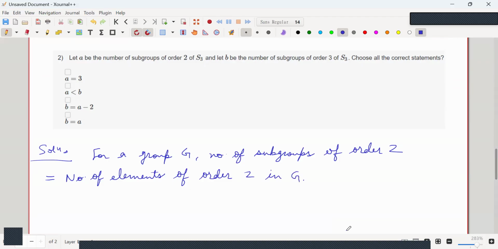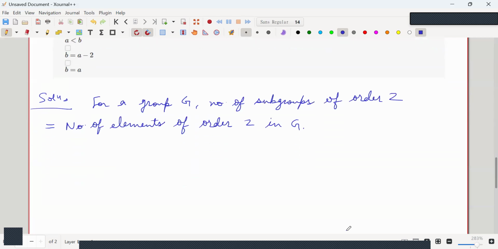For any group G, the number of subgroups of order 2 is the same as the number of elements of order 2 in G. Why?